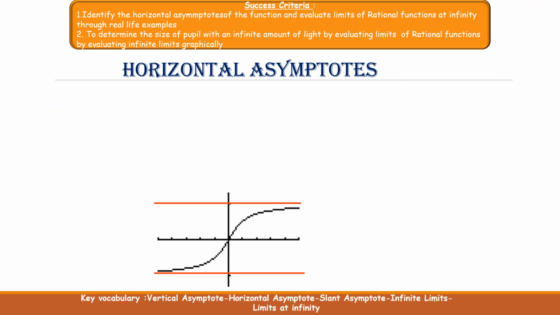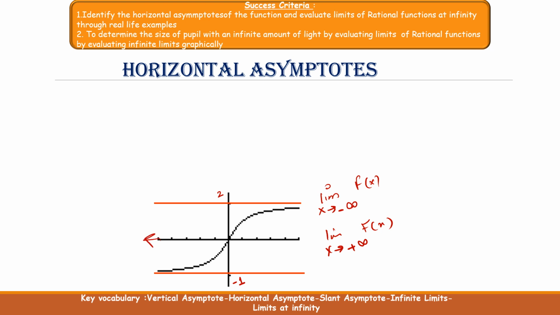Now here, let's write the equation and see how we can determine the horizontal asymptote analytically. In order to express the limits at infinity, one time we write limit as x approaches negative infinity, and one time we write limit as x approaches positive infinity.